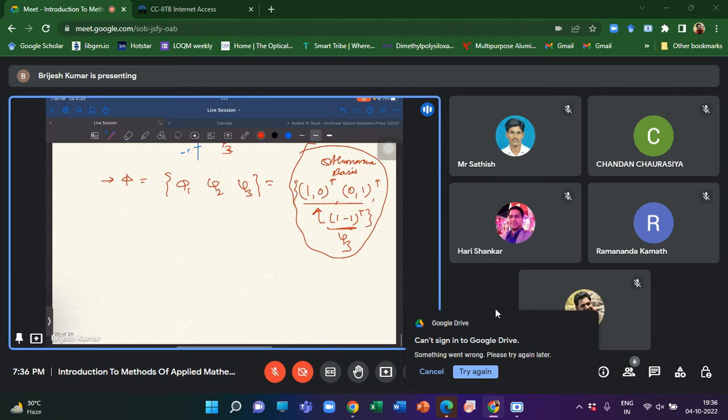The answer is, first, it is clear that we have three vectors. And what is the dimension of this space? This is R2 space.